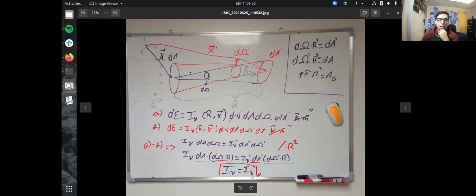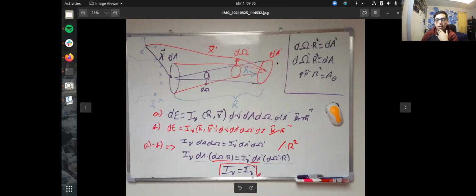Between these 2 points, X and X prime, there is light radiation going from one to the other. Now, this area element is constructed with this solid angle, and R is the distance between these 2 points in the direction K.